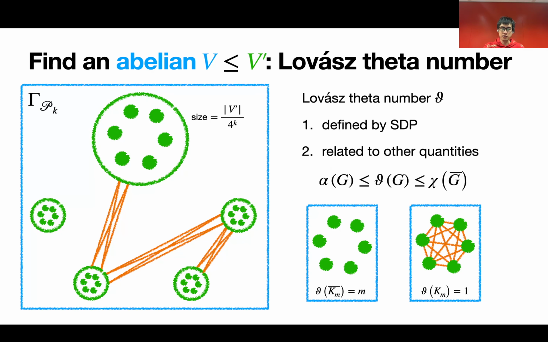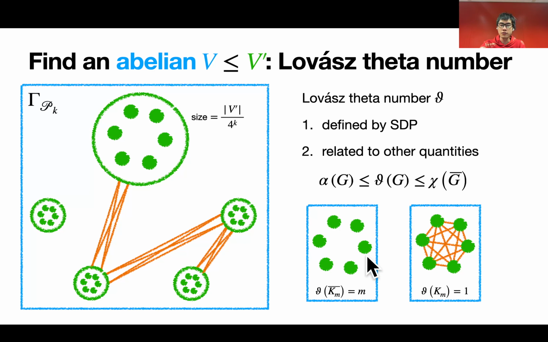So our next observation will be to try to establish the relation between the k and the so-called large zeta number, zeta. The large zeta number is defined by an SDP for this graph, and it's also related to other quantities, the independence number of the graph and the chromatic number. So we try to find some idea from this large zeta number. And also here are some examples.